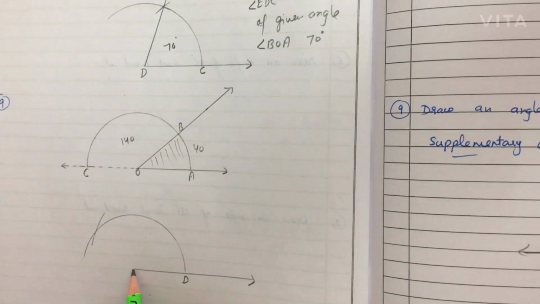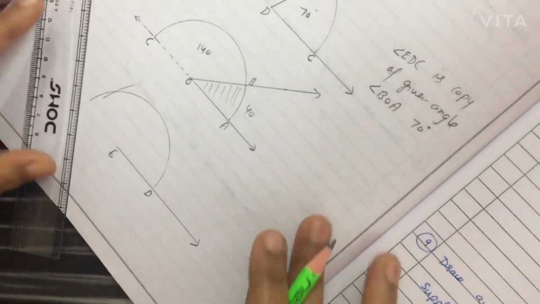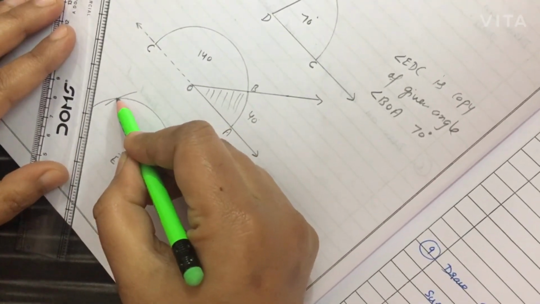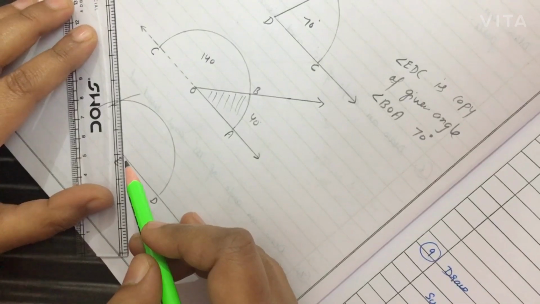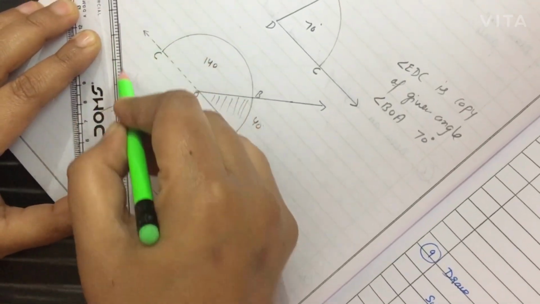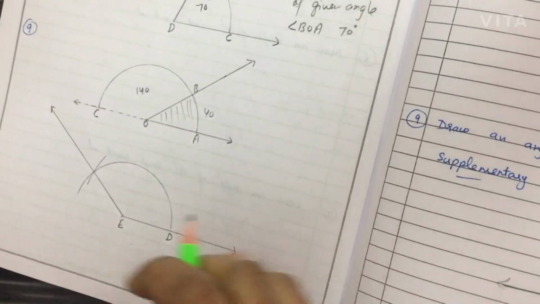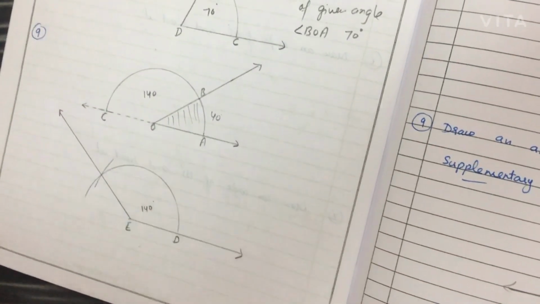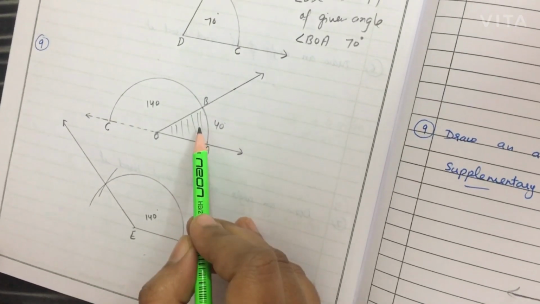Let this point be the vertex E. Now we will join this point to the vertex, and this would be a copy of the supplement of 40, meaning this is 140 degrees. It means this angle is a copy of the supplement of 40.